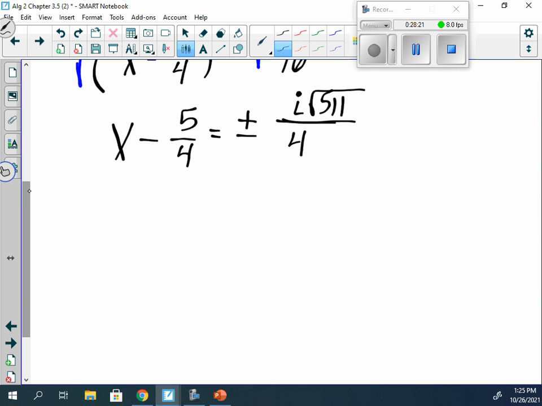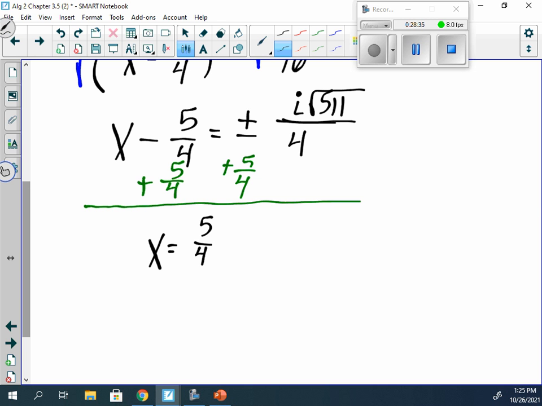Well, we still need to get x by itself, so we can add 5 fourths to both sides, which tells us that x is equal to 5 fourths plus or minus i square root of 511 over 4.